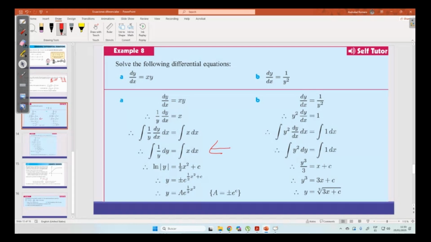And then this is easy, because this integral is the natural logarithm of the absolute value of y. And this integral is very easy because it's a polynomial. It's 1/2 x squared plus c. These are very, very easy examples.